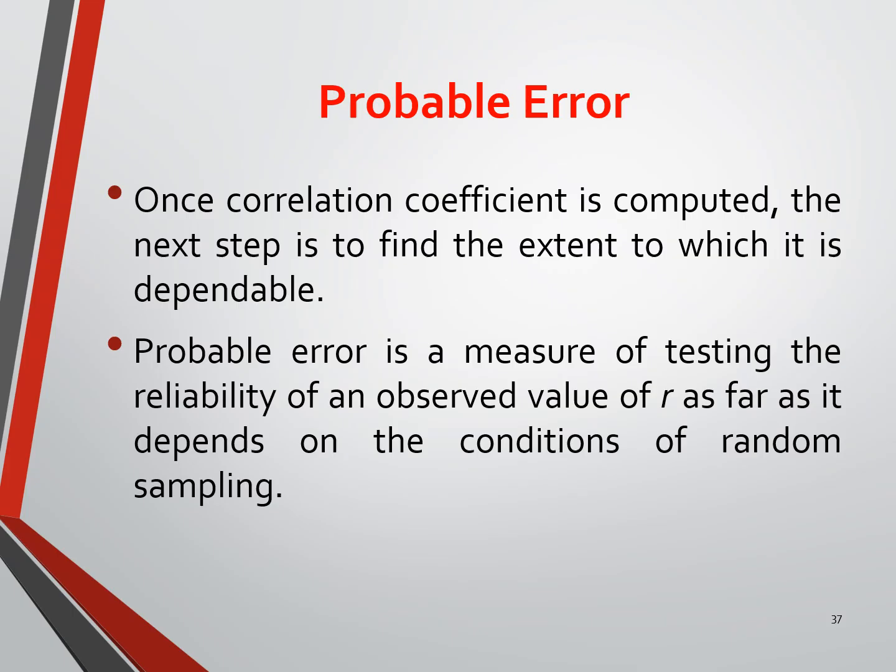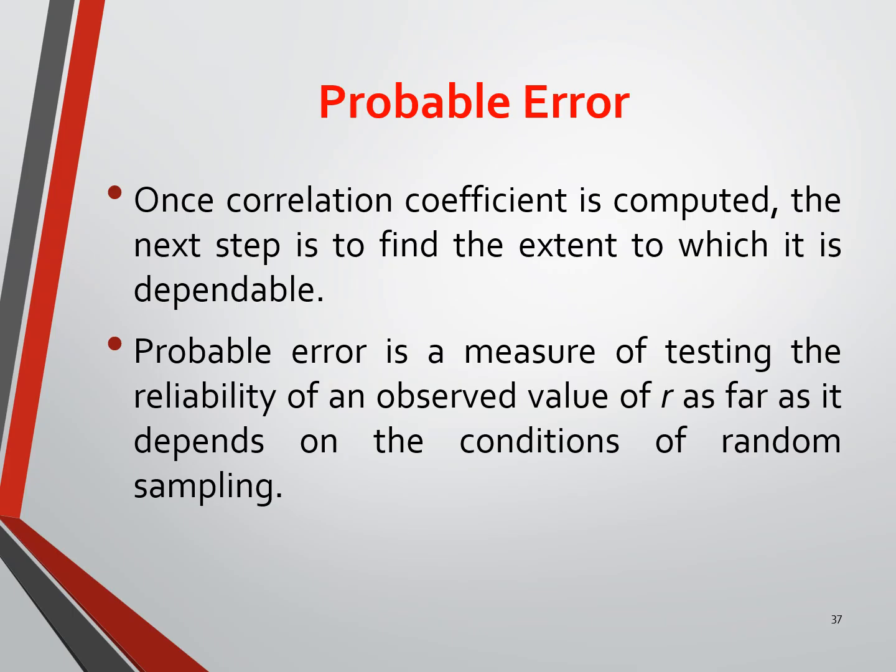The probable error is also indicated in the correlation calculations provided by SPSS 31, where the PE value is given. It is a measure of testing the reliability of the correlation coefficient, because the correlation coefficient, always indicated by small r, is based on random sampling.